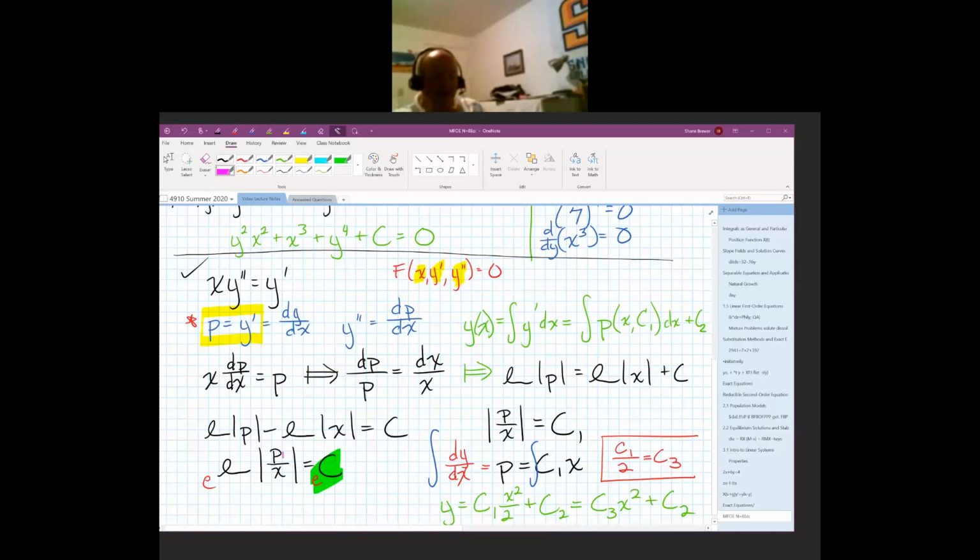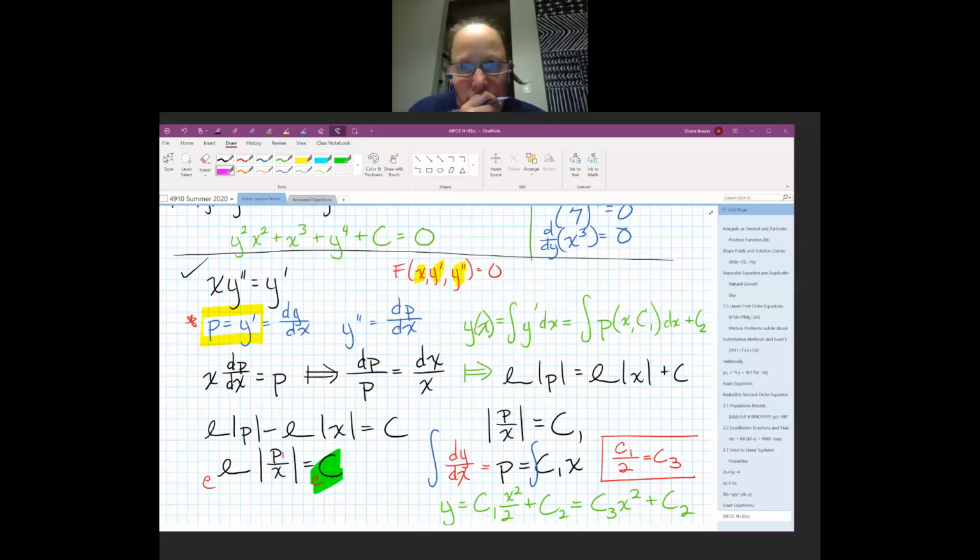Yeah, and most of the time it doesn't matter unless you're trying to establish what those two constants represent. Like in the position equation, the first constant you get is the initial velocity and the second constant is the initial position, so it's important that you keep track of them. But in something like this, whatever you want to call them is just fine.